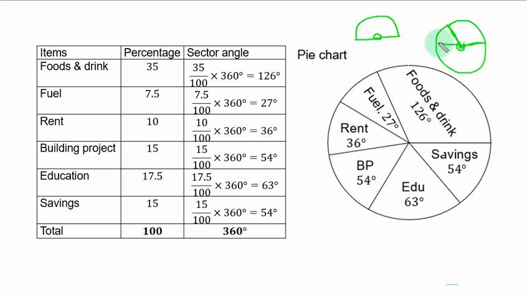Do the same thing for rent, the same thing for building project, 54 degrees. The next is for education, and if you are very correct, the remaining portion when measured will give 54 degrees. So this is how the pie chart is constructed.